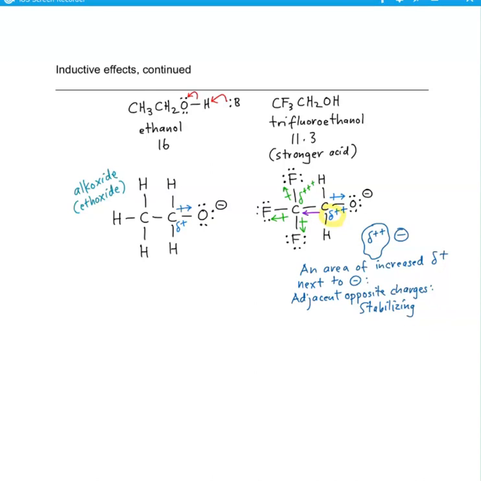What we could say here is that the whole thing started with those fluorines pulling electron density toward themselves. So a fluorine is an example of what we would call an electron withdrawing group, which pulls electron density toward itself away from some other point in the molecule.